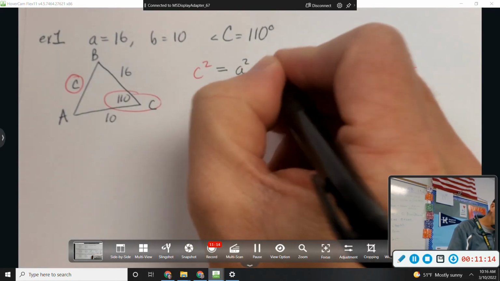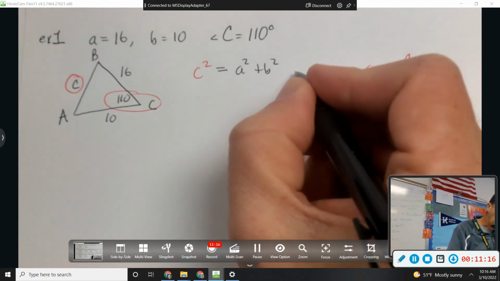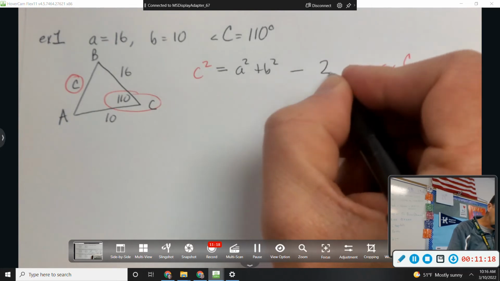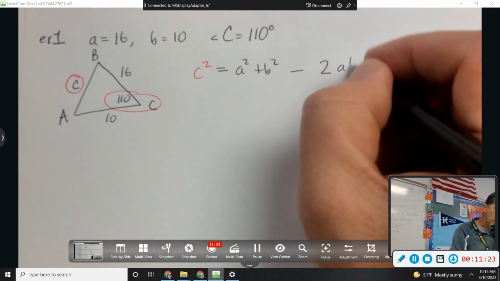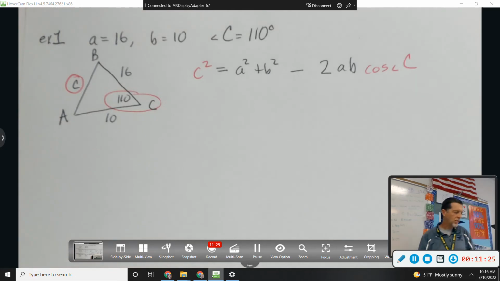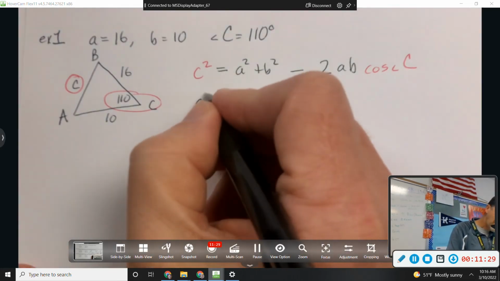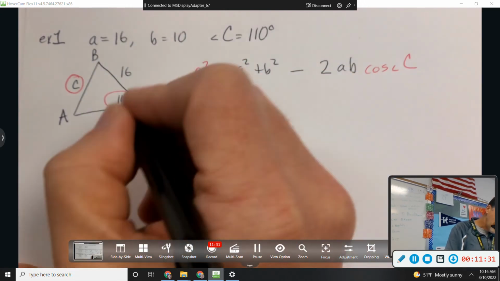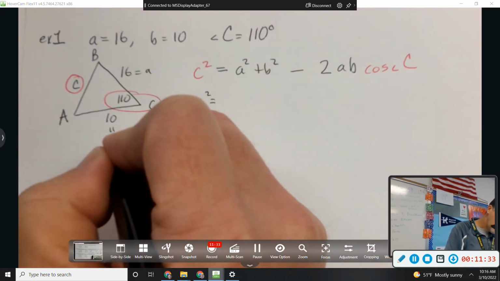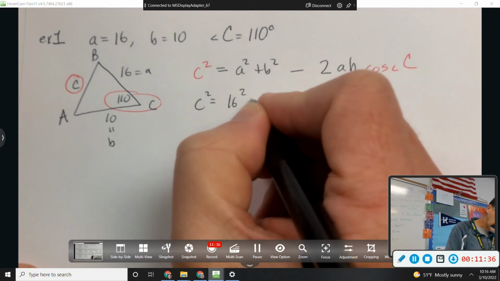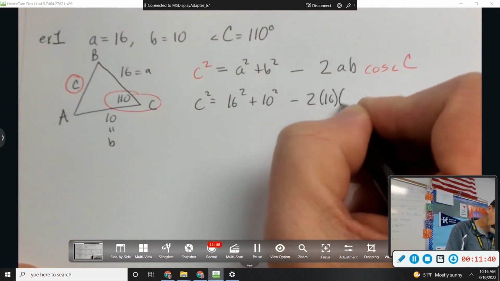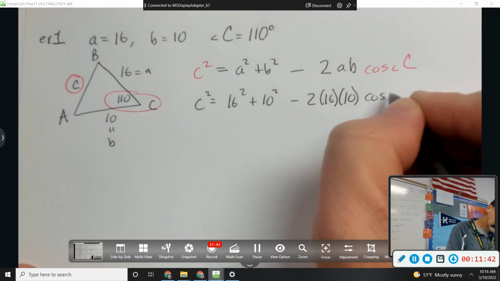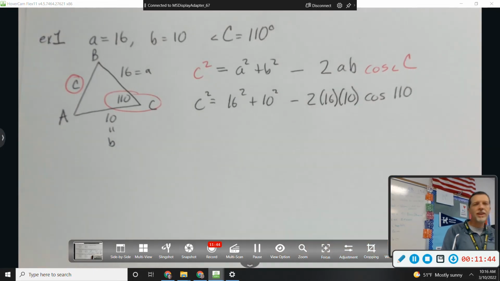A squared plus B squared, and then it's a minus 2 times the sides that I've already used on this side, so 2AB cosine C. So 16 squared plus 10 squared minus 2 times 16 times 10 times cosine of 110.